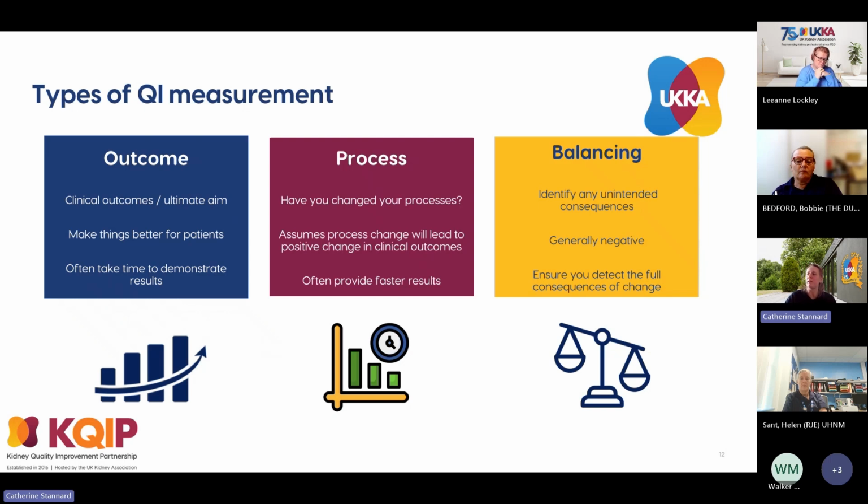So you're assuming that with these process changes, a positive outcome will happen for patients. And you measure these along your project, and you can often get faster results by looking at the process measures. And then later come the outcomes that you want to see.